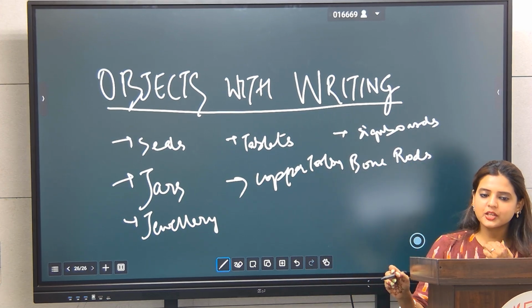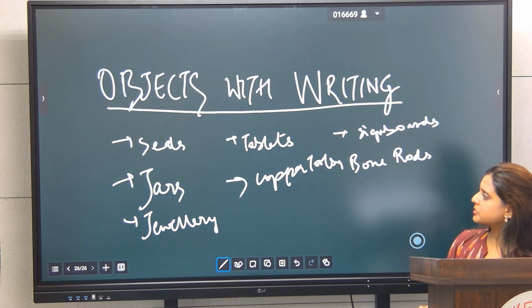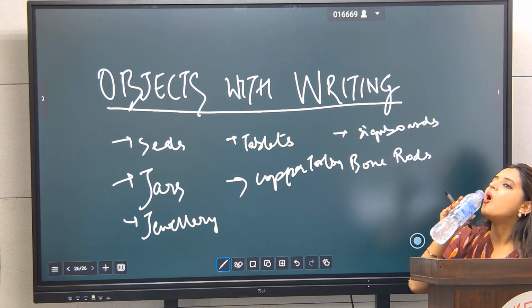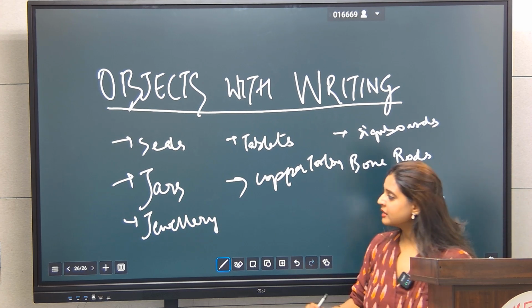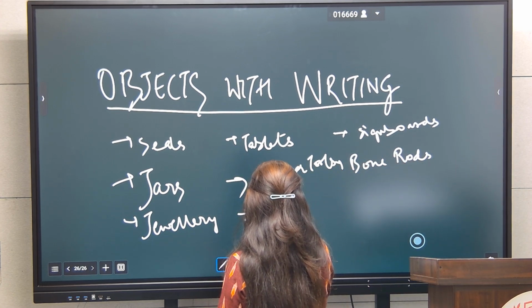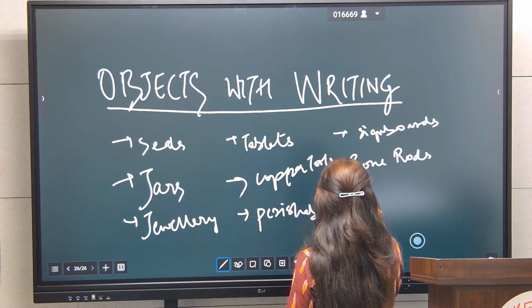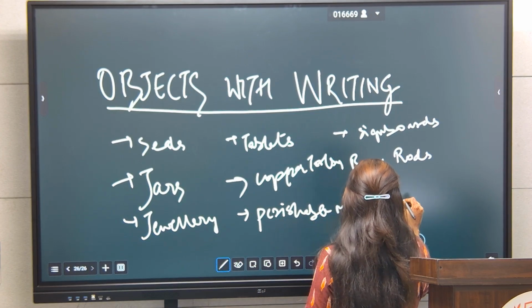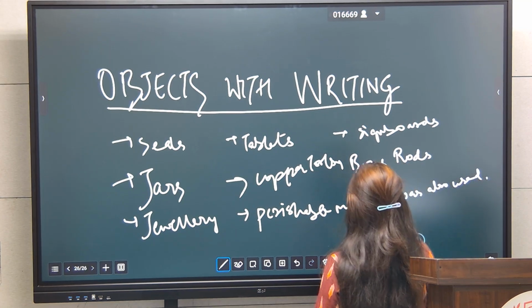These were a few objects on which the script was written. And there was possible use of perishable material also. Perishable material was also used for writing.